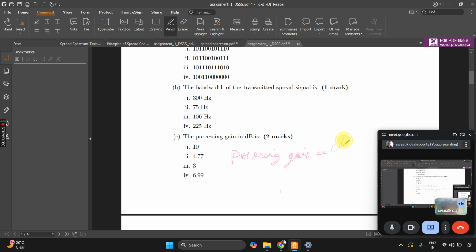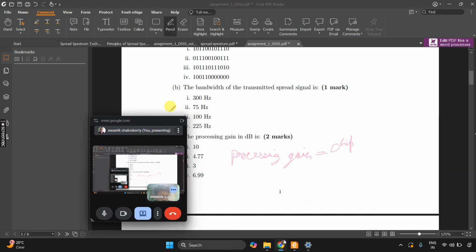Now a chip, as we know, is, if your code is plus 1 minus 1 plus 1, then plus 1, minus 1 and plus 1 are individual chips, and together they make one symbol.